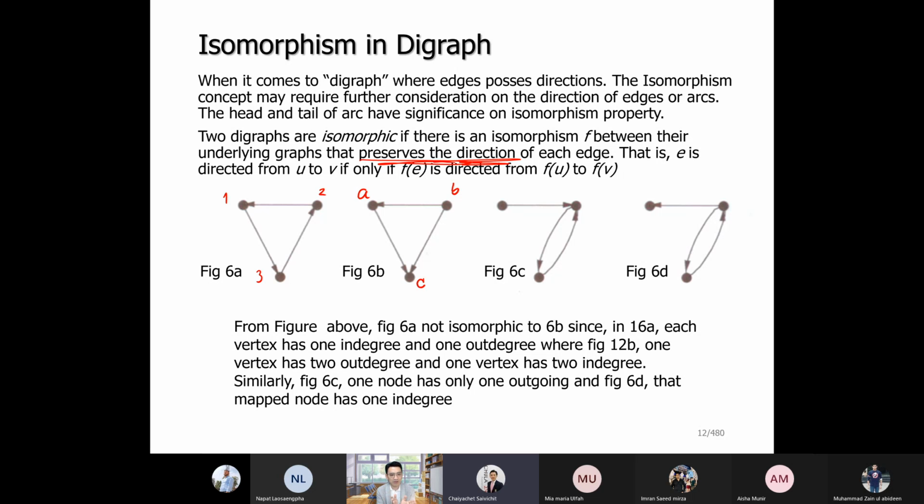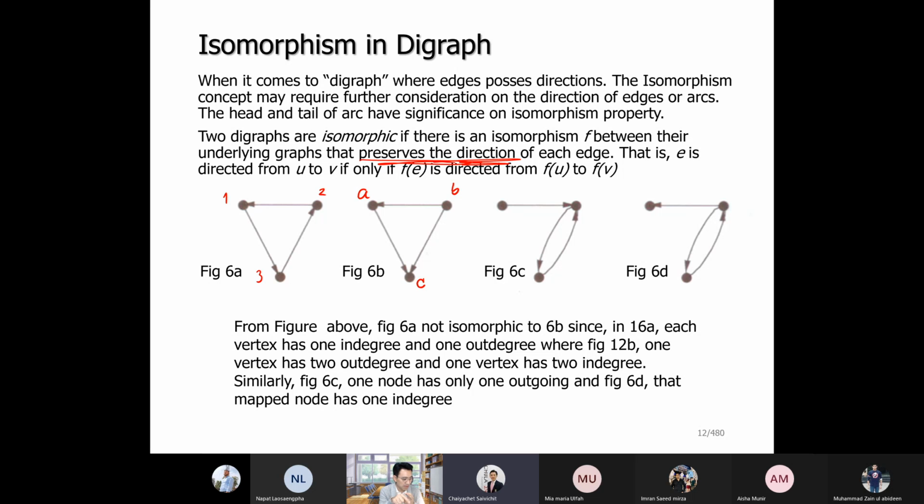But in this case, if we look at the directed version, A has 1 in-degree, 1 out-degree. As well as B, 1 in-degree and 1 out-degree. C has 1 in-degree and 1 out-degree.